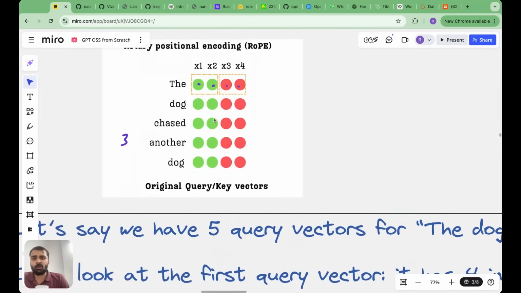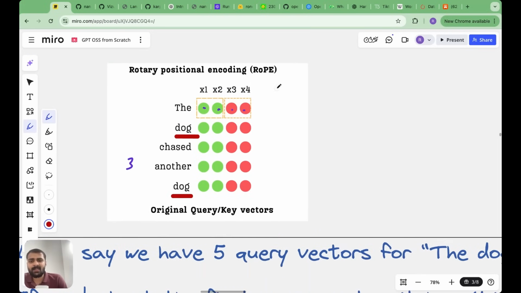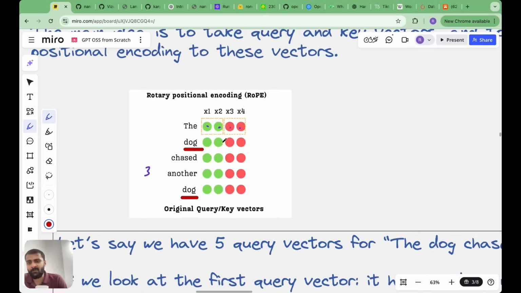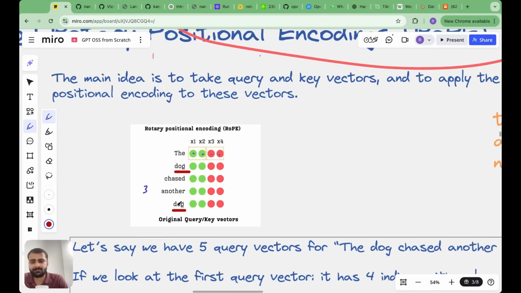It happens as follows. Let's say we look at "the dog chased another dog". Now this dog and this dog are also different. They come at different positions. So we want to inject this positional information. The way it's done is that let's assume these are query vectors for "the dog chased another dog". And I want to inject different positional information in all of these so that we have some knowledge that these tokens come at different positions.